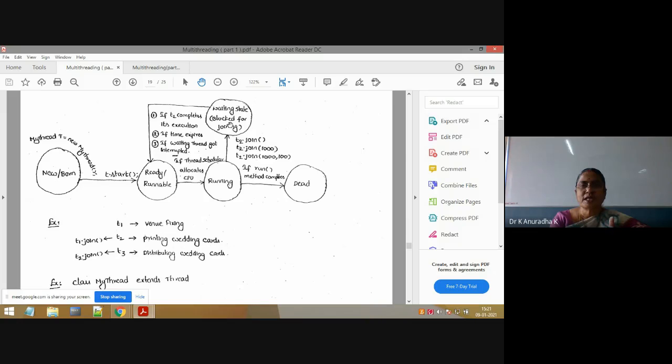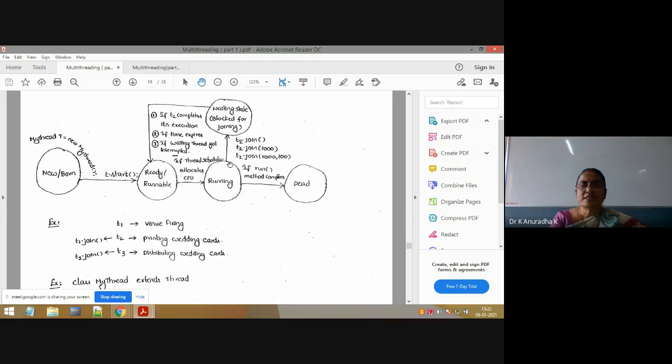What does it mean? Suppose T1 gets the CPU, then inside T1 we have written T2.join. That's why if T1 gets the CPU, immediately T1 goes from the running state to the waiting state and the CPU is given to T2.